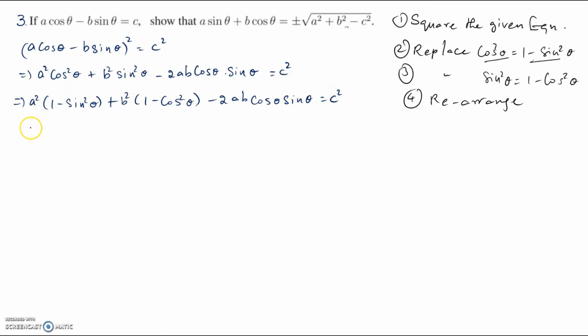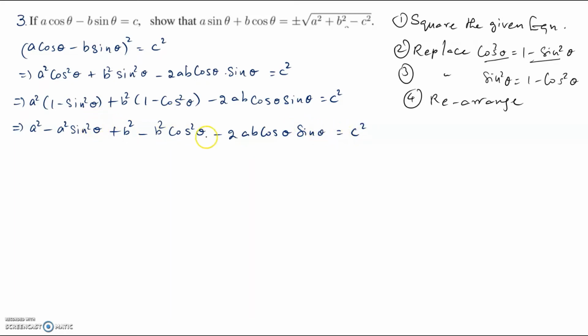So further expanding this will be A squared minus A squared sin squared theta plus B squared minus B squared cos squared theta minus 2AB cos theta sin theta is equal to C squared.